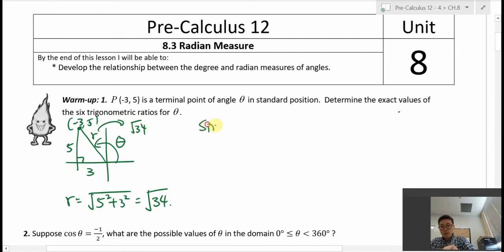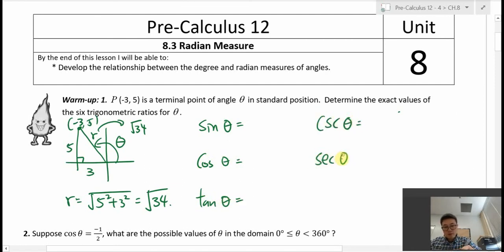Now we can figure out the ratios for sine, cosine, tangent, and their reciprocals: cosecant, secant, and cotangent. For sine, it's simply opposite over hypotenuse, so that's 5 over root 34. Cosine is adjacent over hypotenuse, but remember, in the second quadrant cosine is negative, so it's negative 3 over root 34.